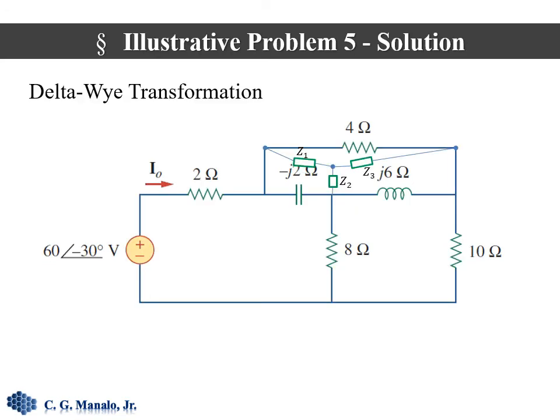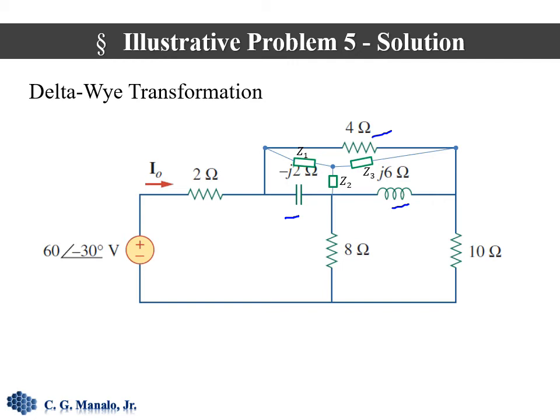For this example, I won't be discussing the whole process of the solution, but I will simply give guidance on how to proceed with solving this problem. One approach is to assume this element, this and this, as a delta network and replace that by a Y network composed of Z sub 1, Z sub 2, and Z sub 3.